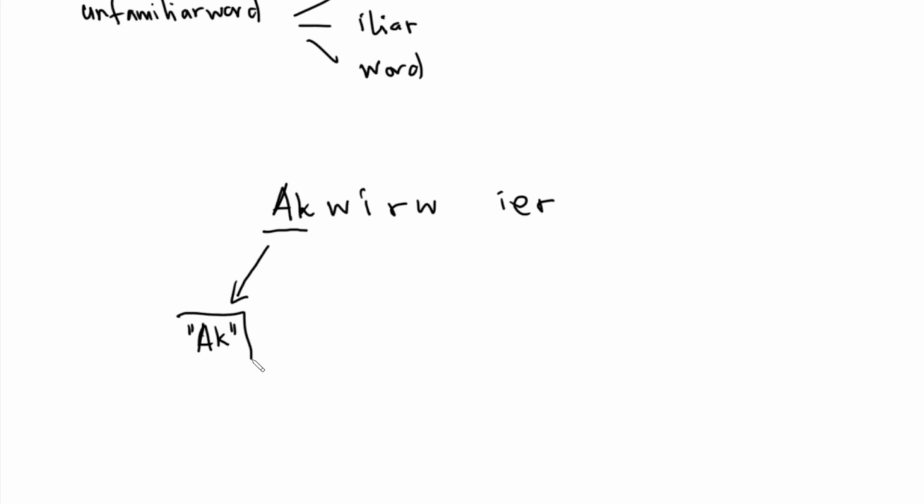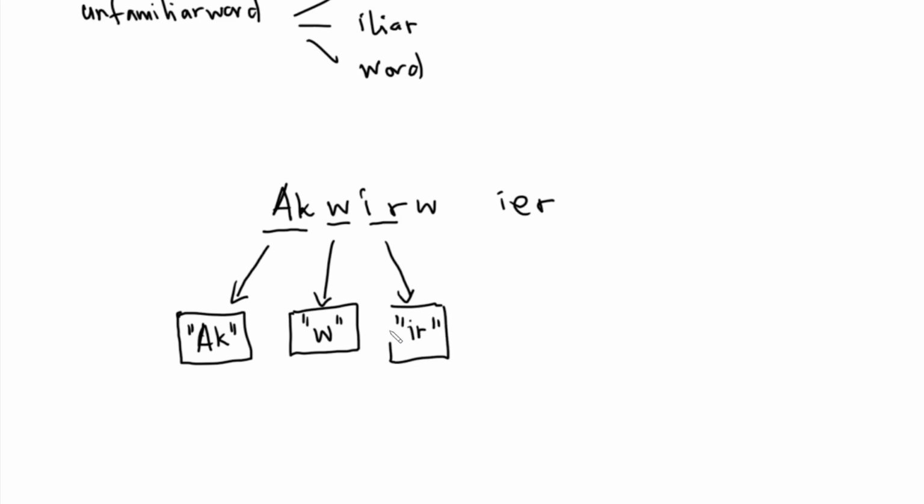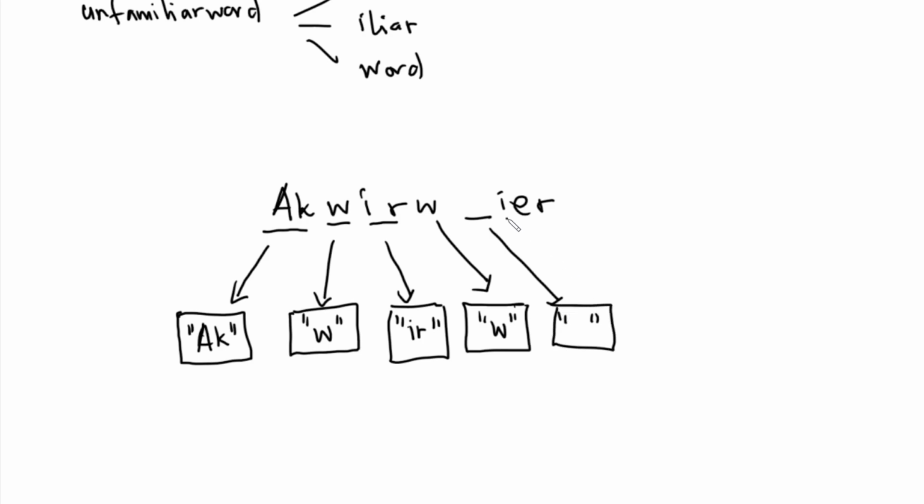So it will put AK like this, and then maybe the W will stay by itself in this particular sequence. The IR might go together into a token like this, and then the W again by itself, and then the space, and then here the IER, like in there. So a word like there, there's IER.